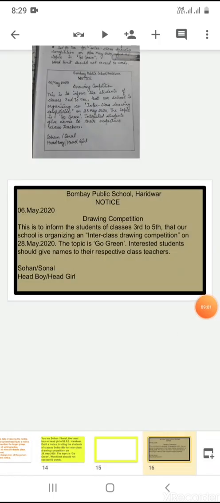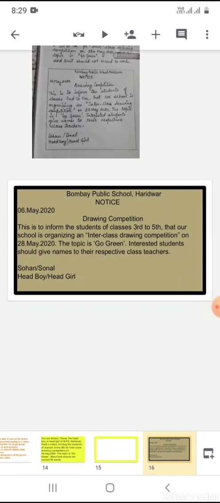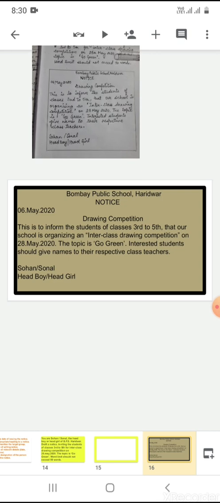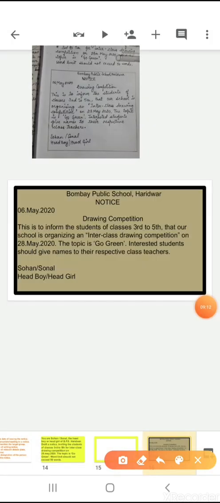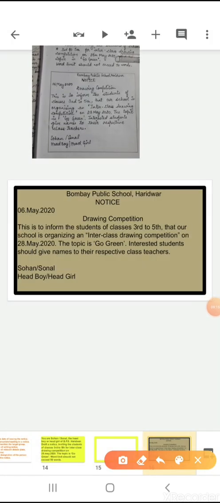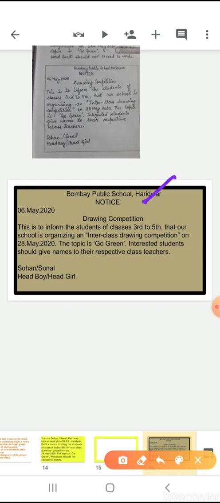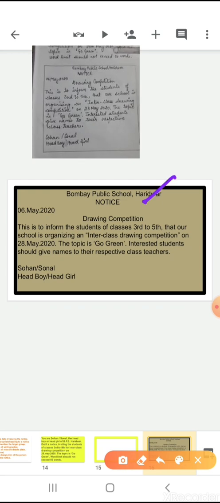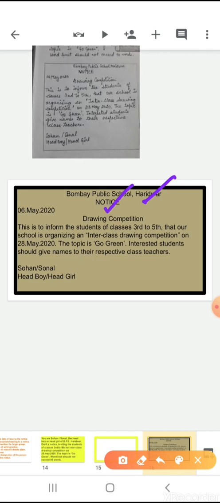Alright? See children, the notice is also there on the screen. First of all, what you have to write? You have to write down the name of the school. Then you have to give notice in bold letters. Then you have to write down the date.